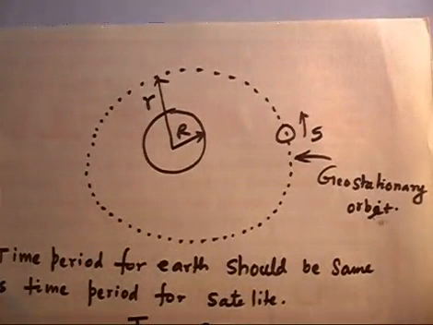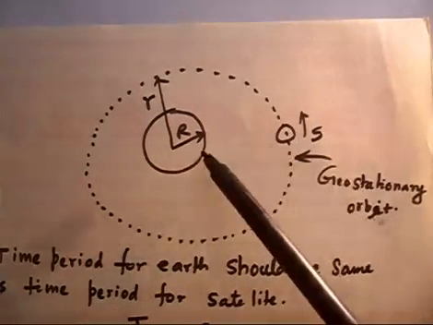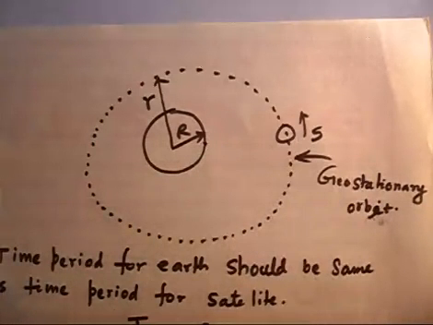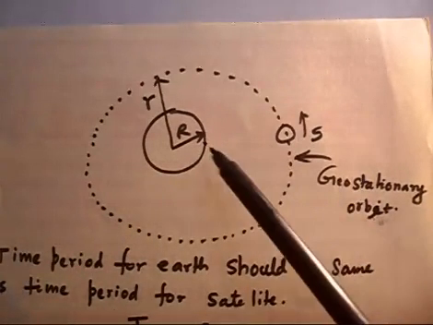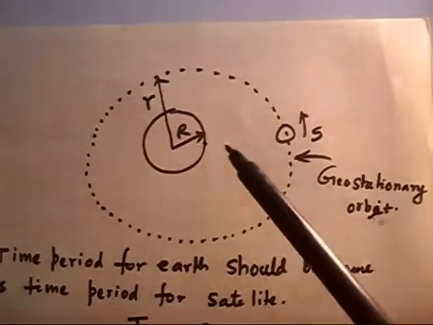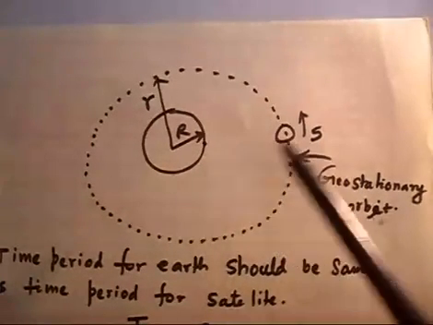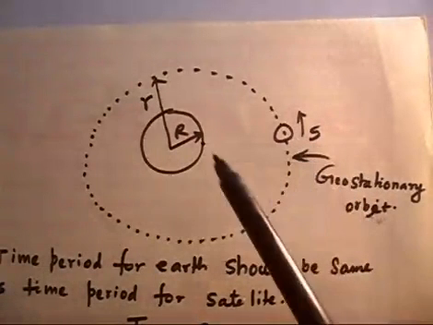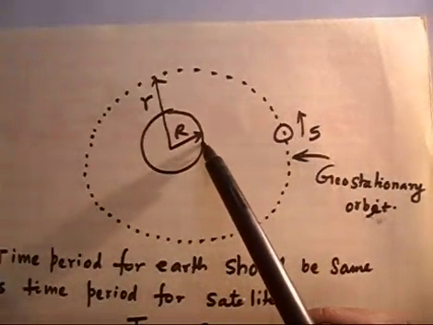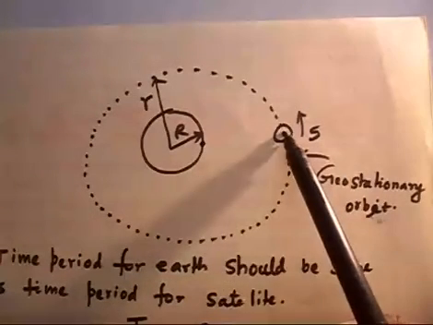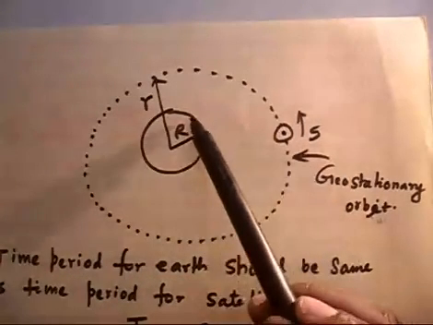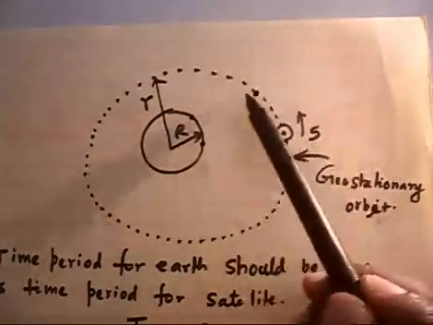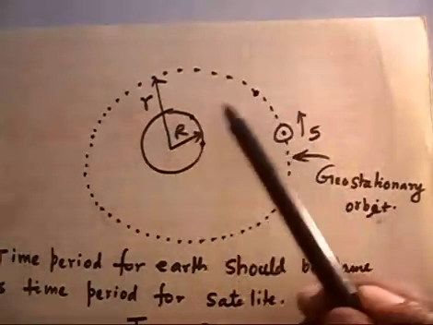Now this says this satellite looks like it is stationary. If an observer is standing or sitting on the Earth, then an observer from the Earth will look at this satellite as stationary. This means if at some point of time the satellite is here, and after some time when the observer is here, the satellite is here, he will always see it in one line.